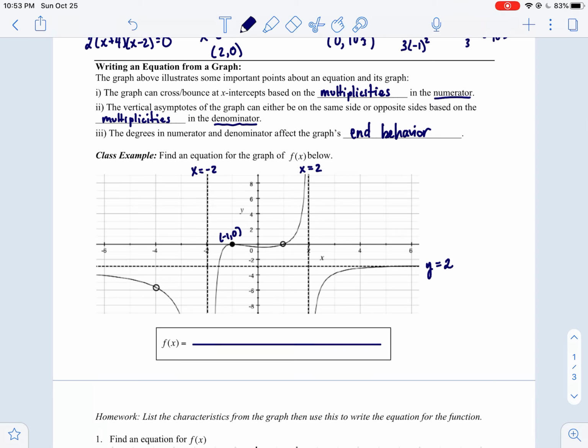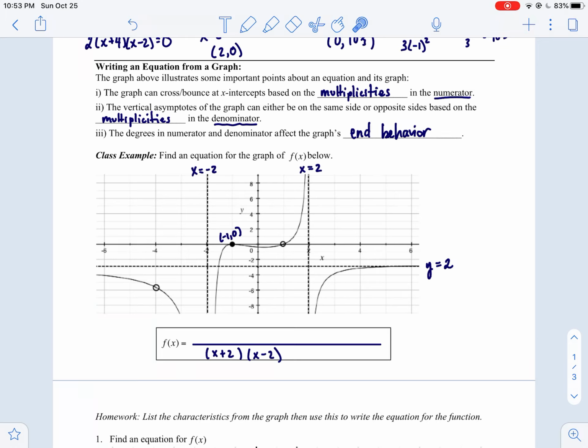Okay, so looking at this, the first thing I'm going to do is I'll say, well, you know what? I know the vertical asymptotes occur at -2 and 2, so that's going to lead to factors in the denominator, right? So at -2, that would lead to a factor of x plus 2. And then at +2, that would lead to a factor of x minus 2, right? So that takes care of my two vertical asymptotes.